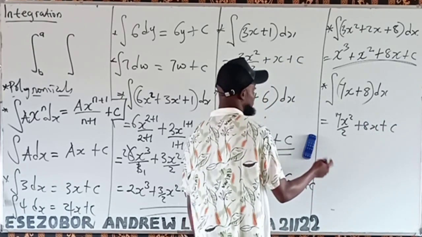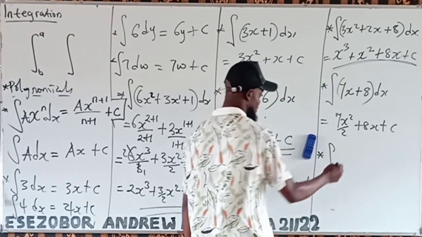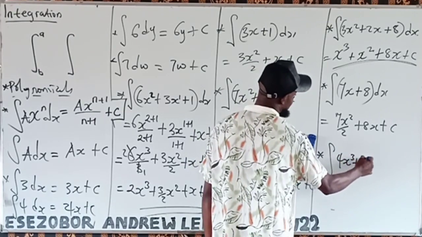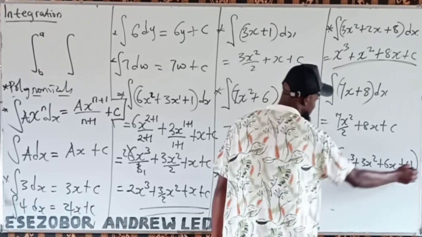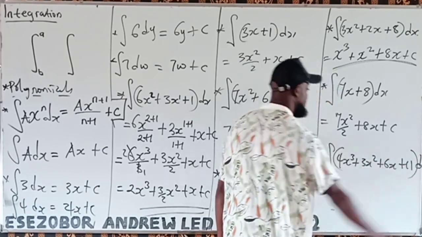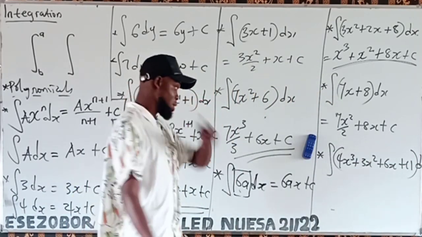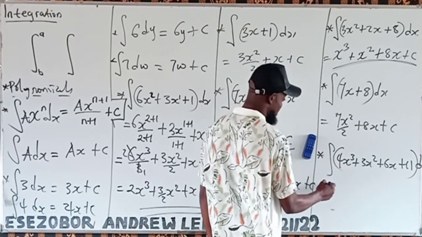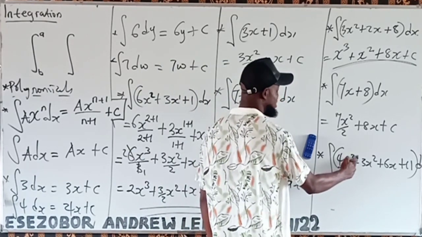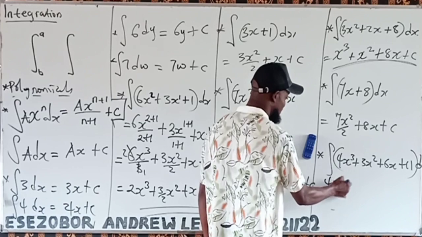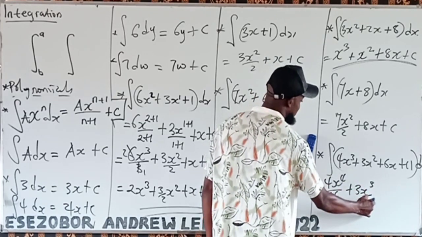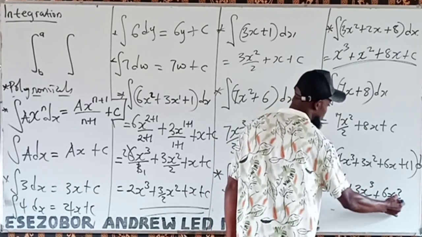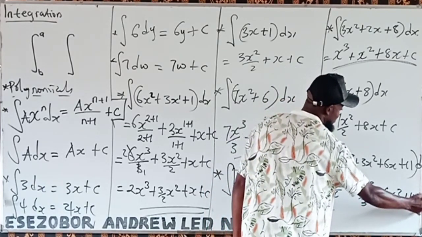Let's say we have 4x cubed plus 3x squared plus 6x plus 11 dx with respect to x. Integrate with respect to x. What am I going to have here? I'm going to have 4x power 3 plus 1, that's 4x power 4 over 4, plus 3x power 3 over 3, plus 6x power 2 over 2, plus 11x plus c.